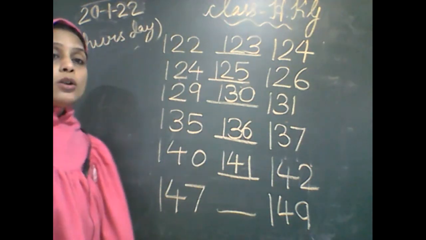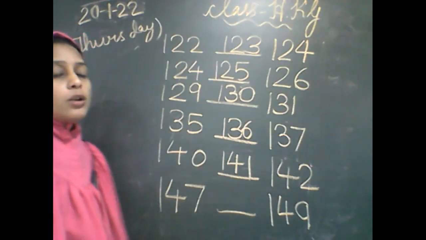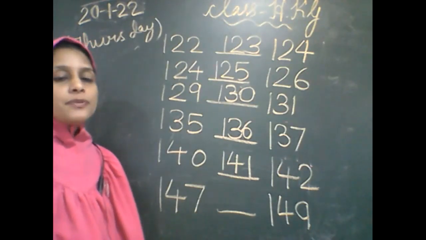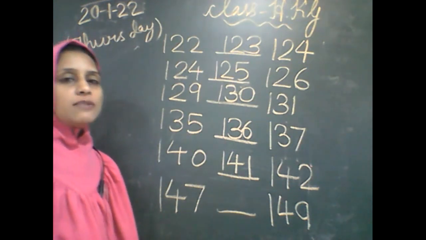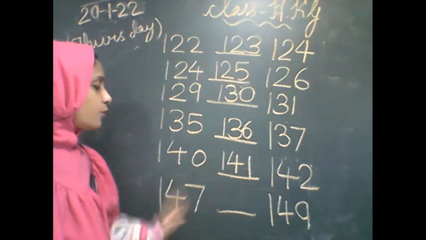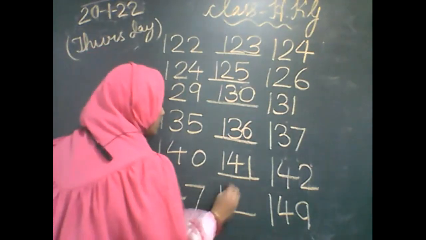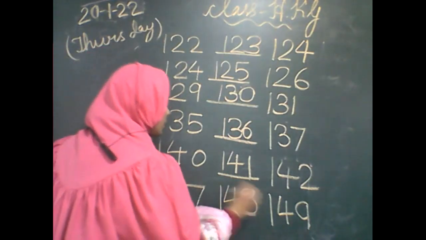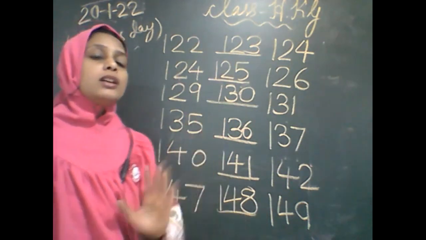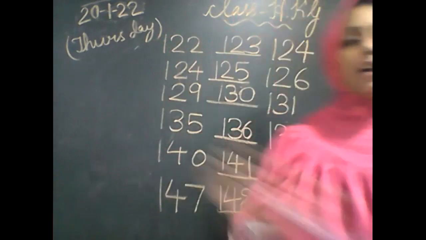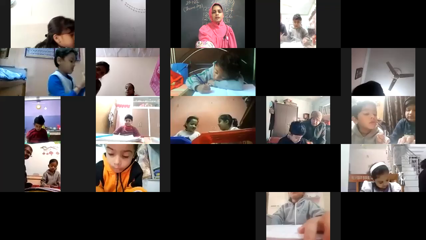So say the counting. 141, 142, 143, 144, 145, 146, 147, and what comes after 147? 148. So just you have to say the counting for writing the between numbers as we do in the after numbers. Okay? All right.